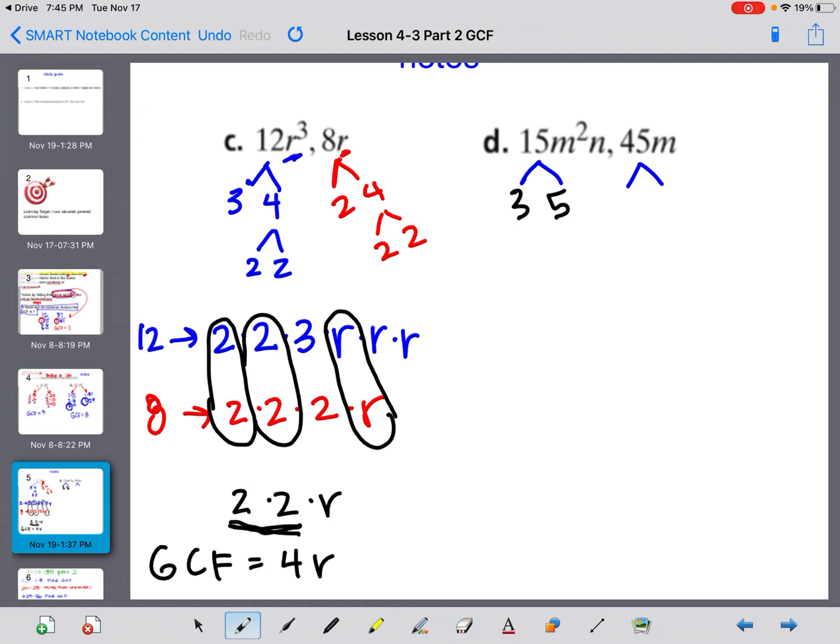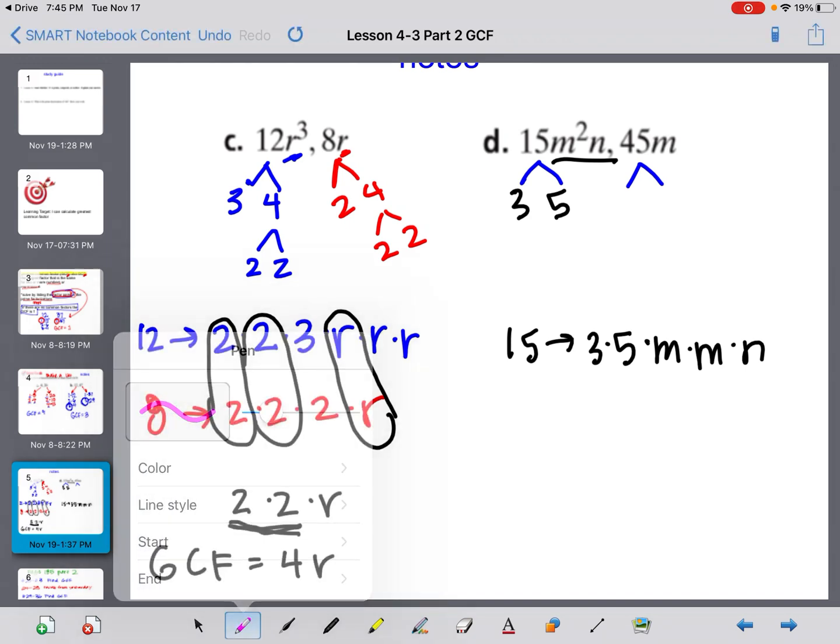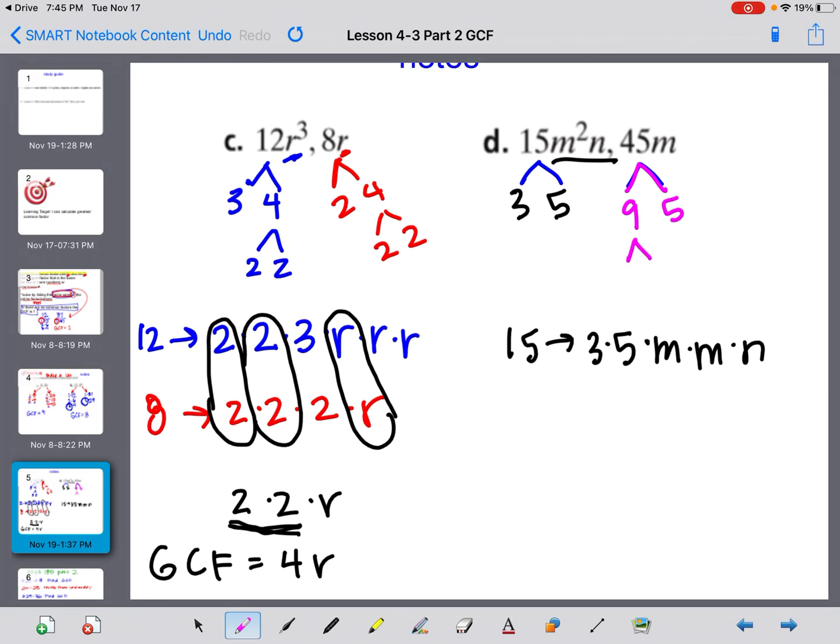Ready for 15? Oh, that wasn't bad. 3 times 5. No pirates here. 45. Oh, let's see. 9 and 5. Oh, I like when they're accidentally in order like that.